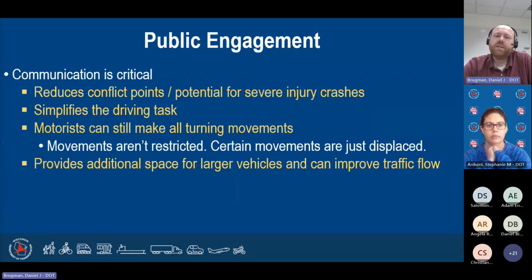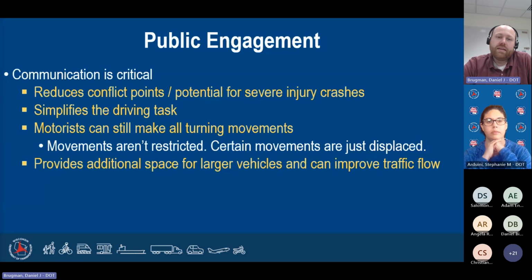So communication and education throughout the public involvement process is very critical. As I mentioned earlier, RCUTs are an educational opportunity or requirement in a lot of cases, and we have to communicate the purpose of why we're proposing these types of intersections at a given location.